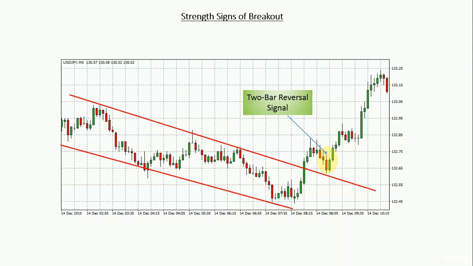And the signal is represented by this two-bar reversal signal that you can recall from Section 2 of this course. This signal would be a confirmation that this breakout will probably succeed, which is what happened here.